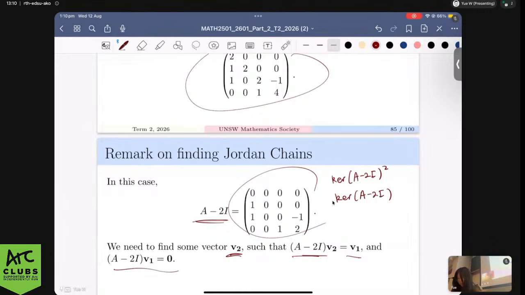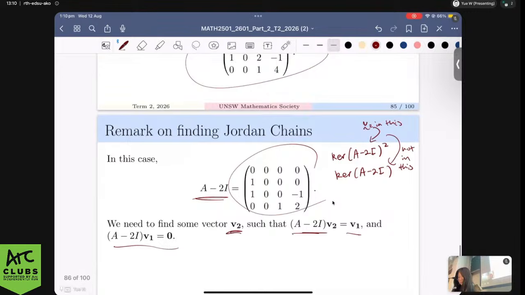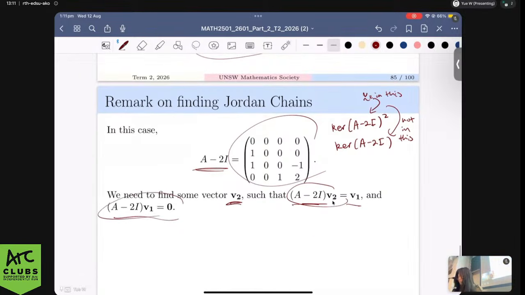If we pick a vector that belongs in the first, but is not in the second, then we know that our v2 works. And then you can also check using this in here: you multiply the matrix by v2 to check that it is equal to v1, and then once again multiply the matrix by v1 to check that it is equal to 0.